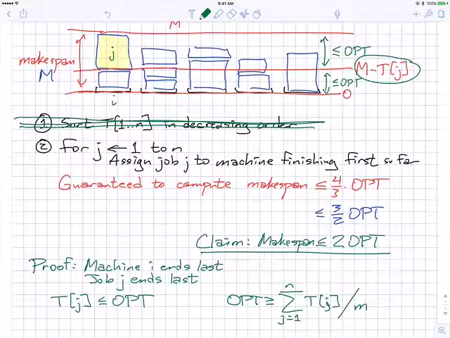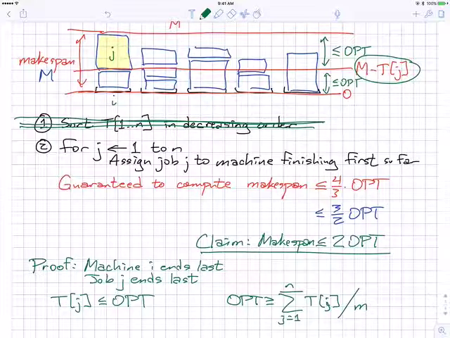This is the makespan that you would get if you could subdivide jobs and split subjobs up, fractional jobs, among the machines. If jobs were water that you could pour some of into one machine and some of into another, you could arrange for the top of the schedule to be exactly even, because every stack was exactly the same height. The sum of all the heights of the stacks is just the total running time of all the jobs, and then you divide that by the number of machines.